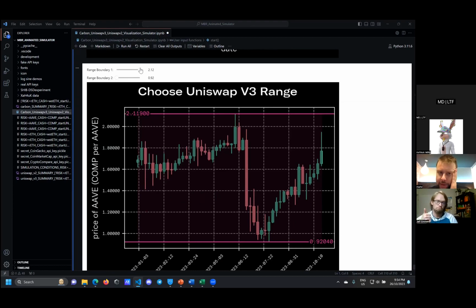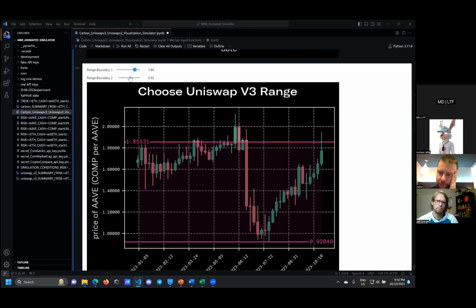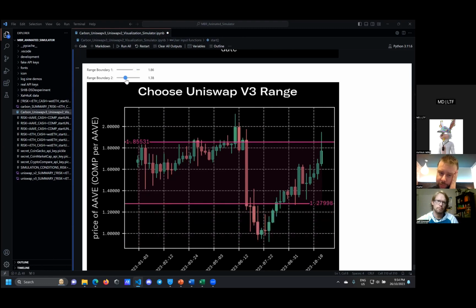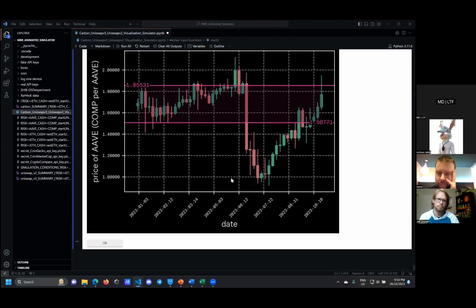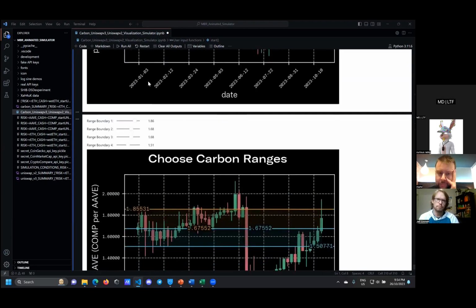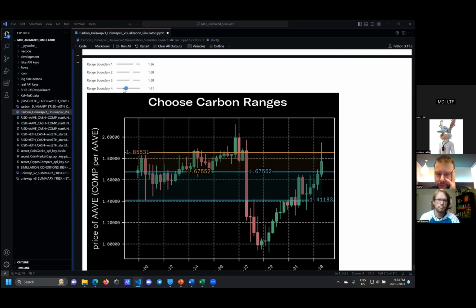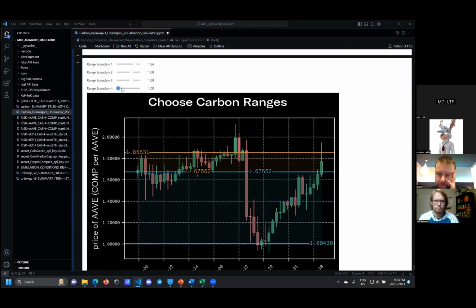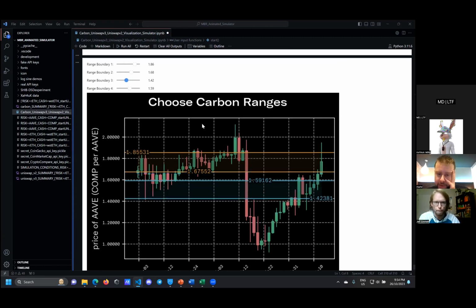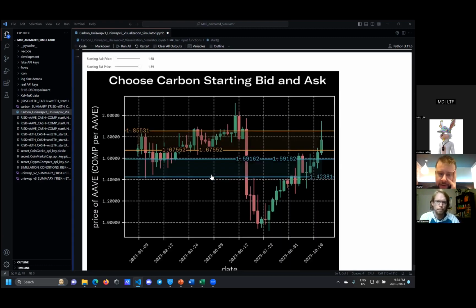And then after that, you can simulate what one of these would have been used around. So for example, we can choose for Uniswap. We can also choose different ranges for Carbon. So we can move these things around and decide what they're going to look like.